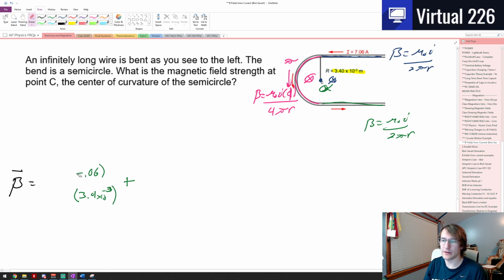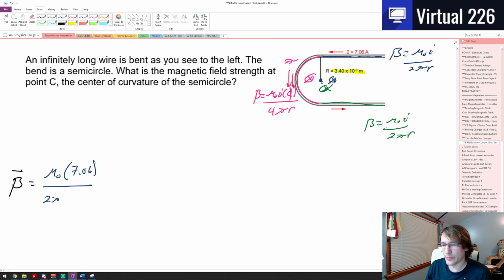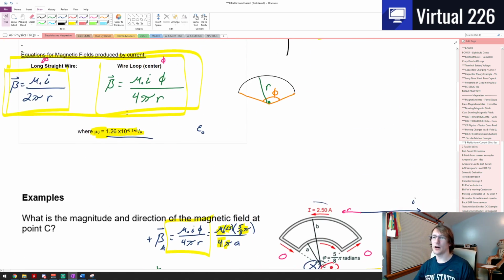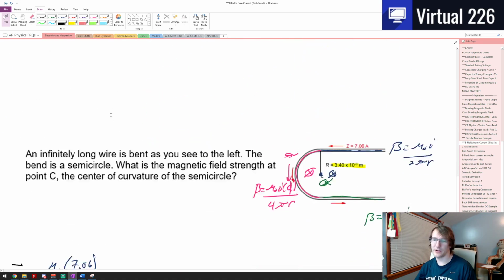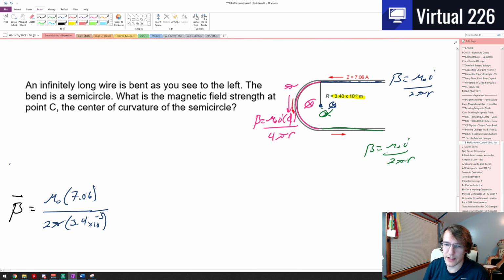Here, I'll go back and rewrite this so all the colors match. Matching colors is important. So like I said, mu naught times 7.06 divided by 2 pi, and then 3.4 times 10 to the minus 3. And remember, that mu naught is just a constant, 1.26 times 10 to the minus 6th. So if you need that, mu naught is 1.26 times 10 to the minus 6th.